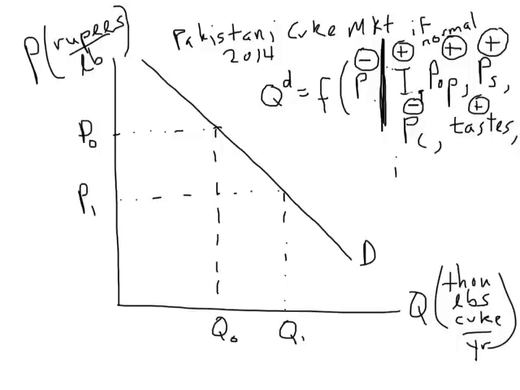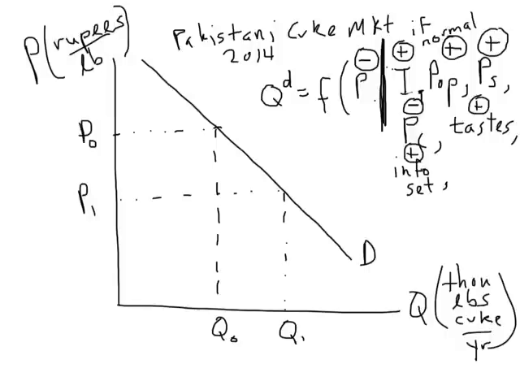Oftentimes lumped with taste is the information set. What do we know about the health effects of cucumbers? Let's say we had an index of knowledge where if it goes up, it means we know more positive things about cucumbers, and if it goes down, we know more negative things. Then I can write that as a plus.